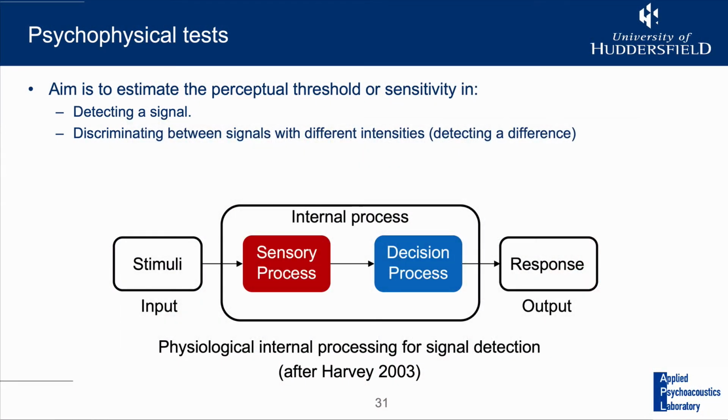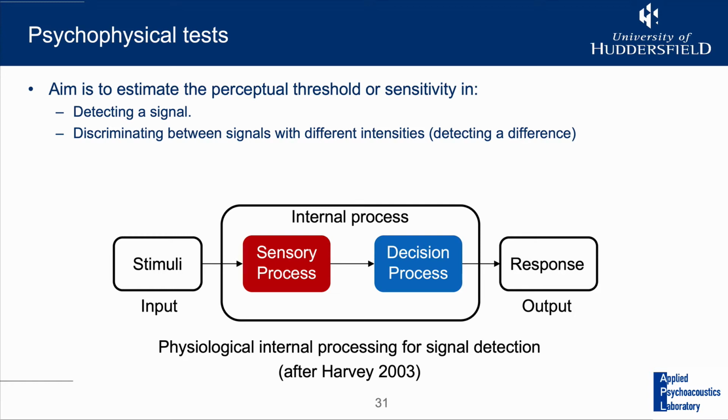The main aim of a psychophysical test is to estimate a perceptual threshold or sensitivity in detecting a signal or discriminating between signals with different intensities. As this diagram illustrates, there are basically two internal processes when we hear an auditory stimulus.